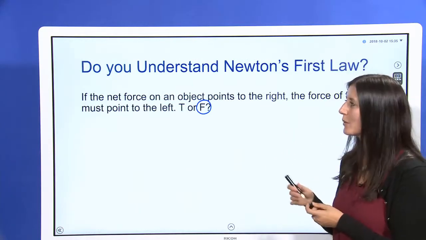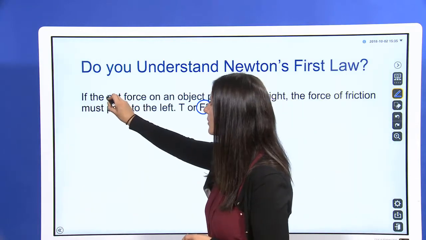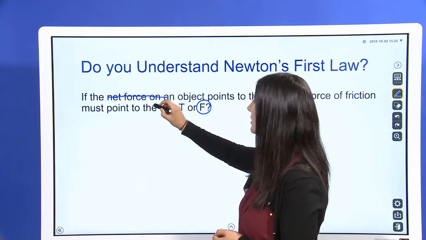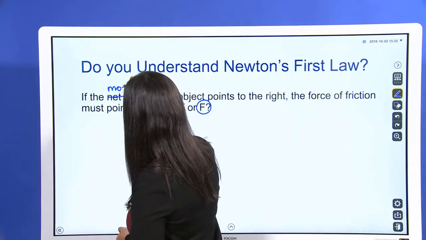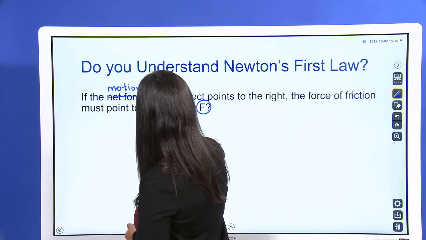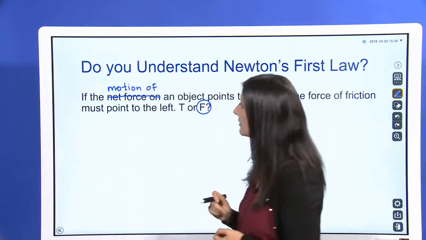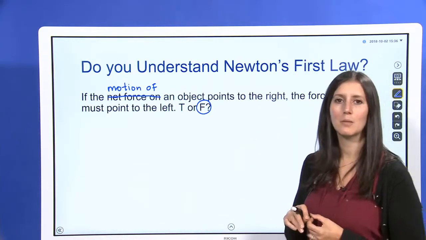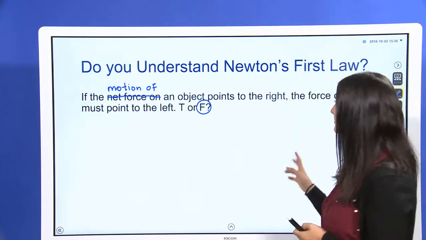It doesn't oppose the net force, it opposes the motion. So I'm just going to scratch this part out, and I'll replace it with: if the motion of an object points to the right, the force of friction must point to the left. That is true, not the net force.